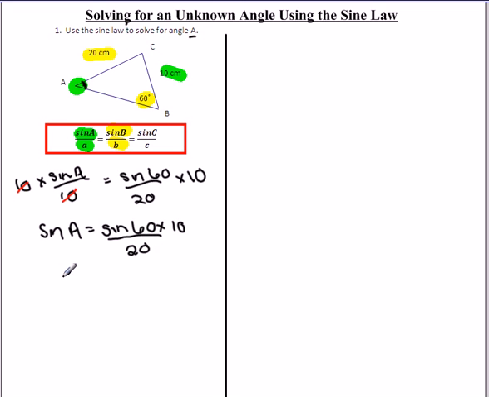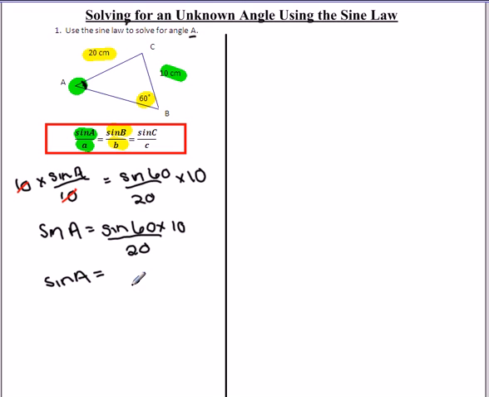So our next step that we can do in this problem is use our calculator to find the sine of 60. So what you'll do here will depend on your calculator, but you'll either have to push in the key that says sine and then 60 and hit equals, or you might have to do 60 and push sine. That depends on your calculator.